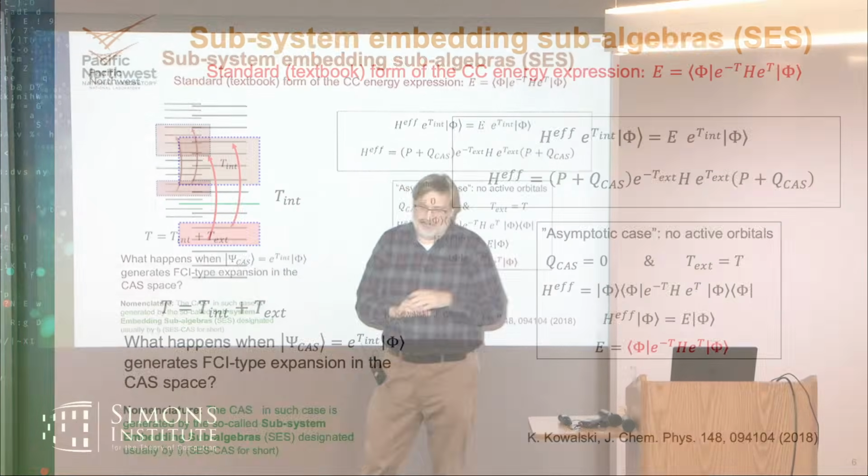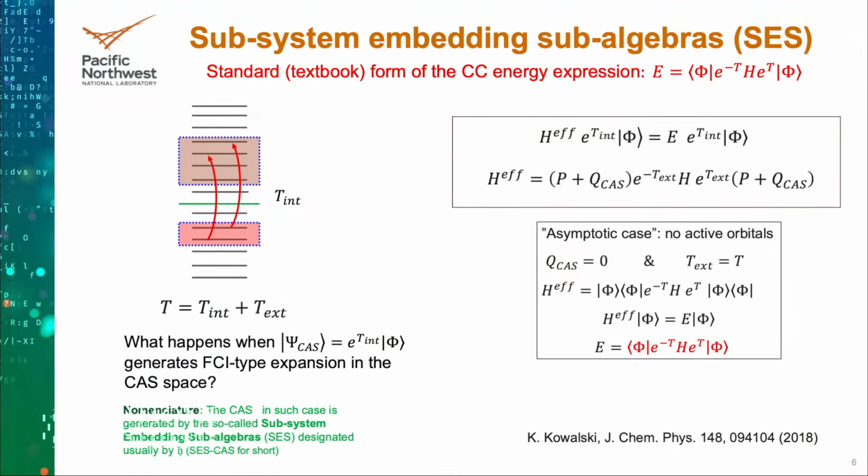We have an active space. The active space defines the partitioning of your cluster operator into the internal and external parts. If the exponent of the internal part acting on your reference can generate the full CI type expansion within your active space, then you can show that the energy of the single reference standard formulation given by this textbook example can be evaluated in a different way, as an eigenvalue of the effective Hamiltonian shown here, which in a sense integrates out the degrees of freedom used to describe the system which do not belong to the active space.